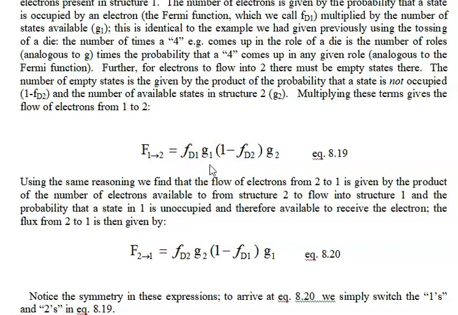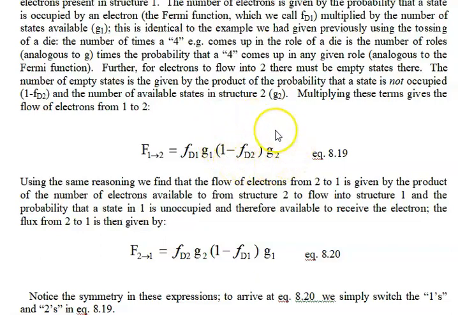And in order for flow to occur from state 1 to state 2, we must have an empty state in system 2. This is the probability that we have no electron in component 2. This is the number of states in component 2.